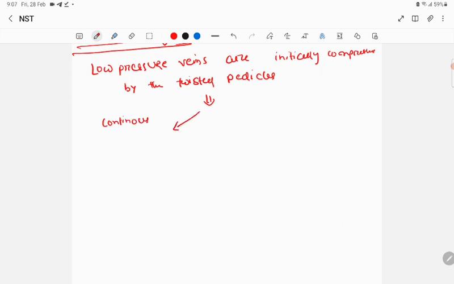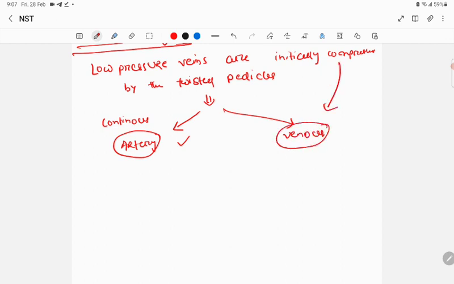You can remember easily: the artery is live. Arterial flow is present, but the venous channel is compressed, so venous outflow is compromised.